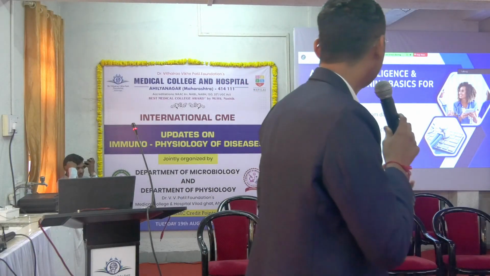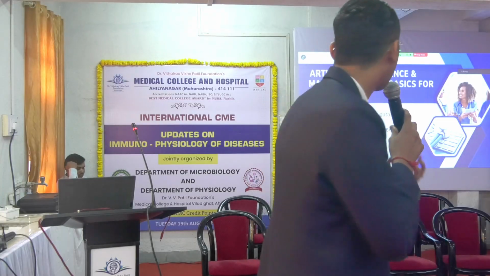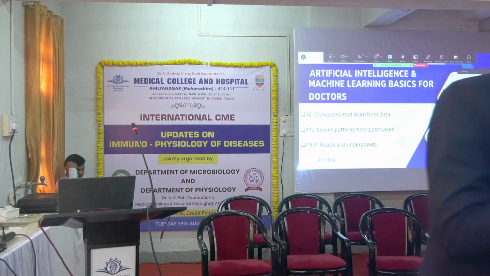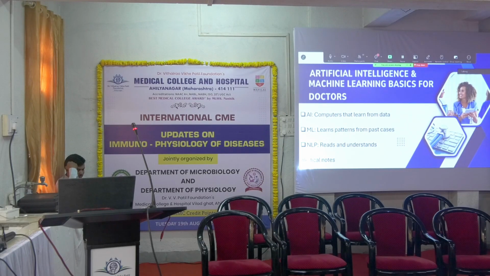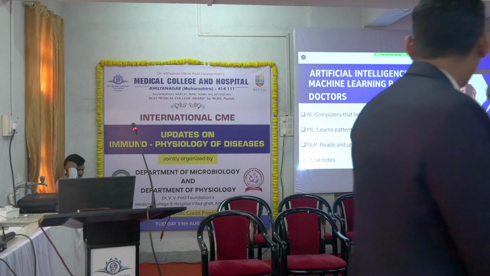You can assume that AI means computers that are learning from data. If you have a large amount of data, computers are going to learn from that data. Your task is to provide that data to the computer, the machine, the robot, so that it can learn from past data and predict something. So that is AI.